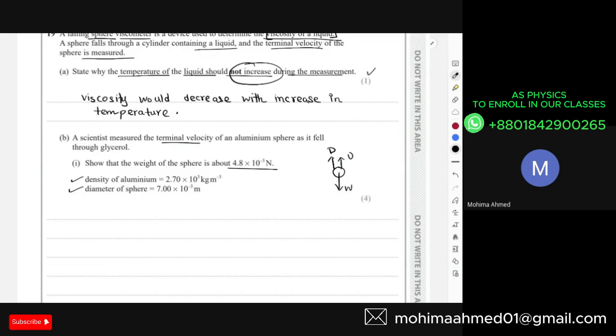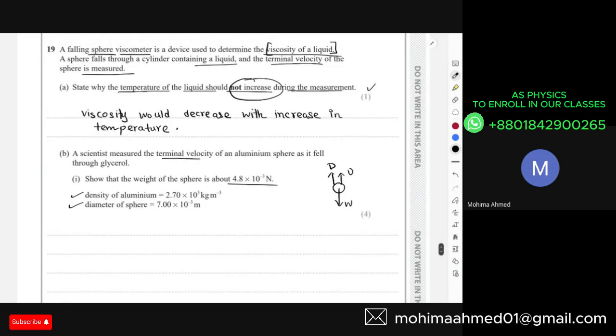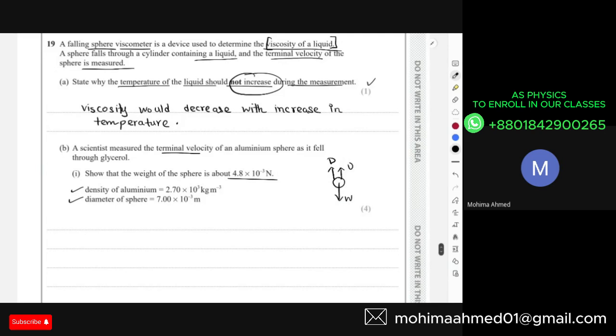Okay, then we have to find out the upthrust, right? Show that the weight is this much. Using rho, g, and diameter, using this diameter, I can find out the upthrust. For drag, aluminium sphere as it fell, I want to find out, we have to show this weight, but 1 minute.